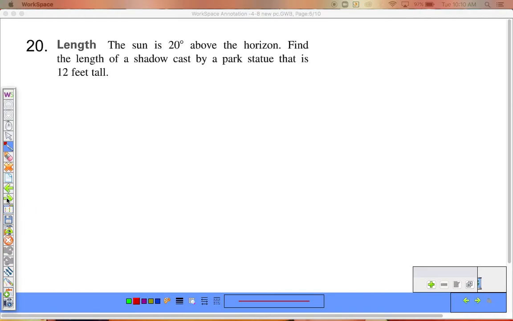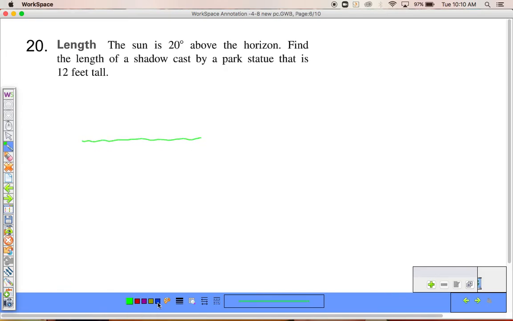All right, now we're going to draw some pictures. The sun is 20 degrees above the horizon. Find the length of the shadow cast by a park statue that's 12 feet tall. It's very important, I always do this, is draw the picture that we're given. All right, so we have a park. Here's our grass. We have a statue. All right, there's our statue. It's a statue commemorating me.